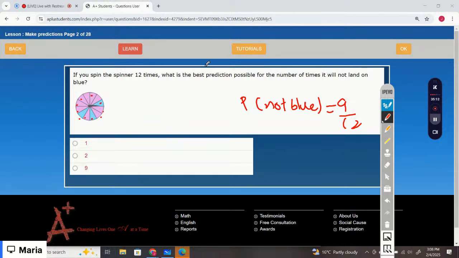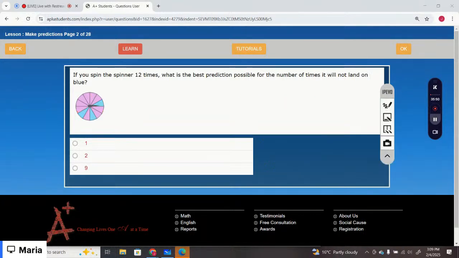That is 9 by 12 and you did that 12 times. So 9 by 12 times 12, the 12 and 12 cancel out, you are left with 9. So the best prediction is 9 times it will not land on blue.